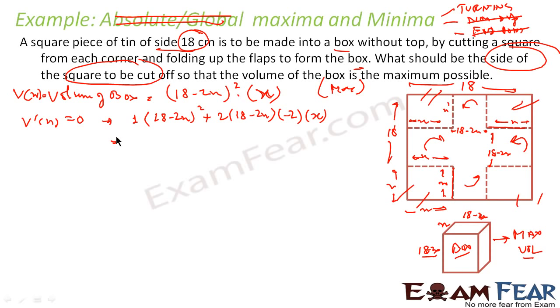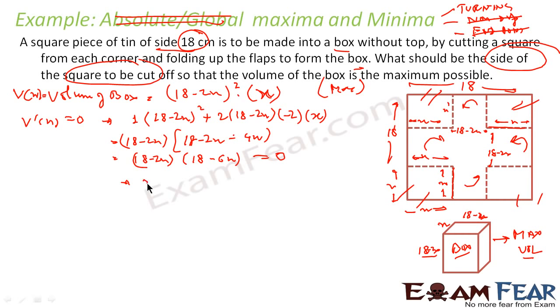If you solve this, 18 minus 2x is common, so this becomes 18 minus 2x into 18 minus 2x minus 4x, that is, 18 minus 2x into 18 minus 6x, and this is equal to 0.